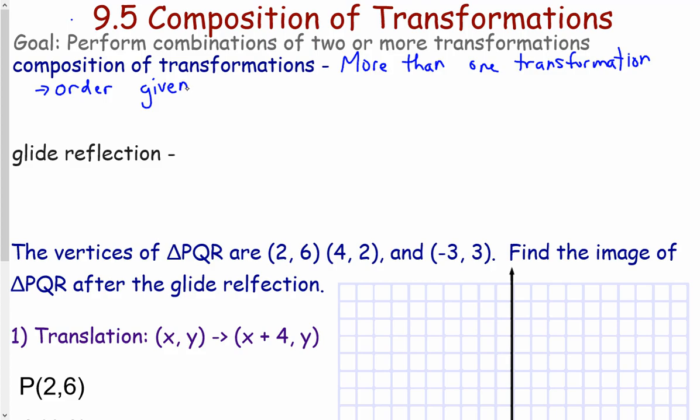So our first example will be glide reflection. A glide reflection is a very specific version of this, and we'll do probably one of these. At first it is a translation, and the second is a reflection over a line that is parallel to our translation.